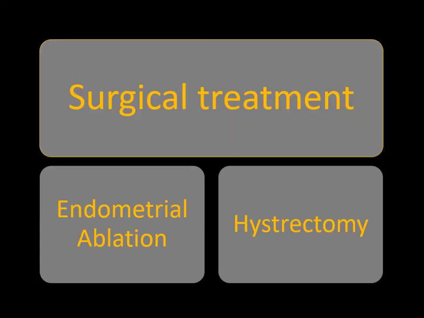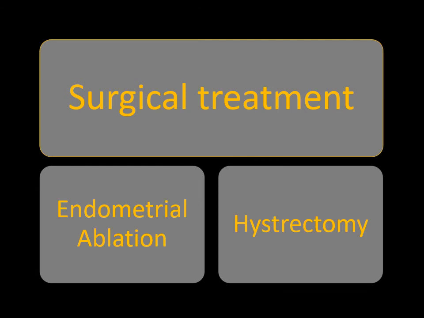Surgical management includes endometrial ablation using various methods: thermal, resection, cauterization, and the other surgical procedure is hysterectomy that we use as an option when other alternatives are not beneficial.